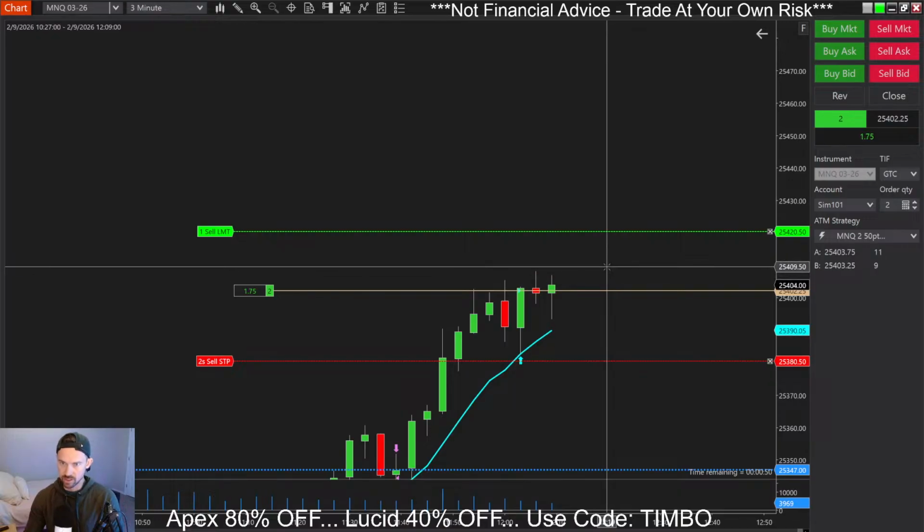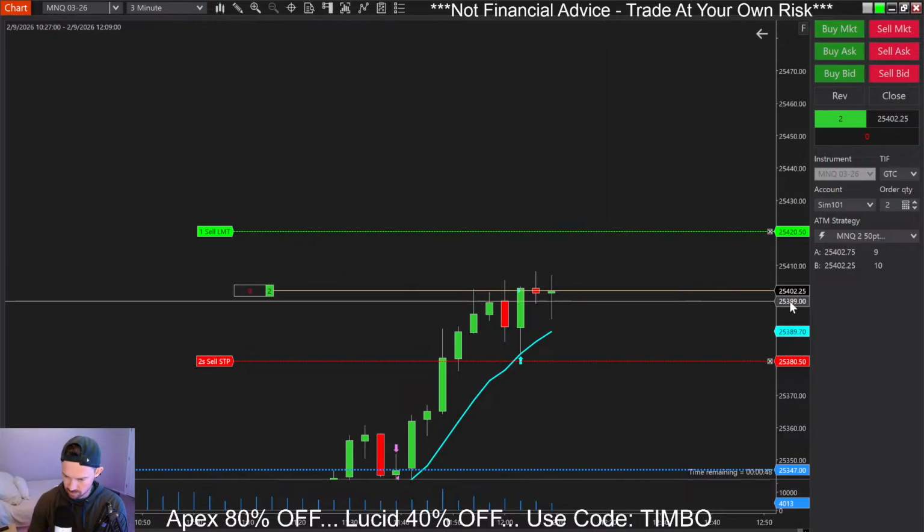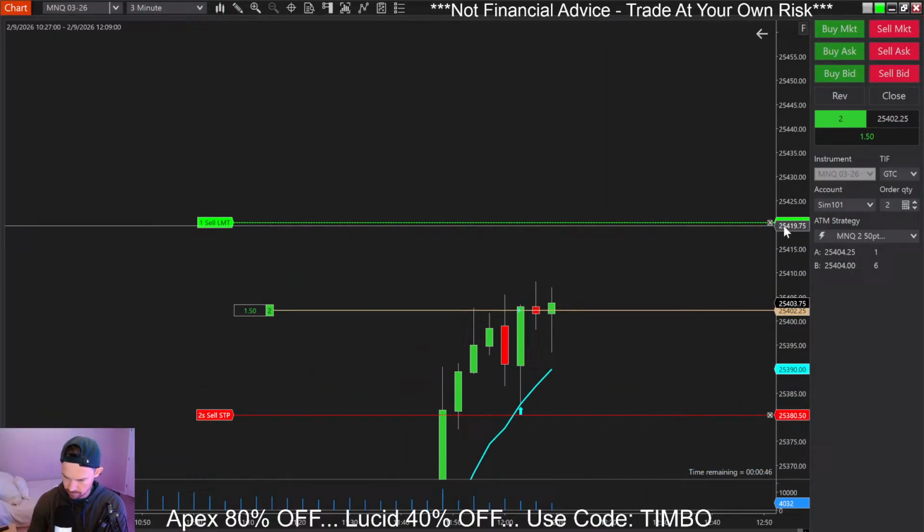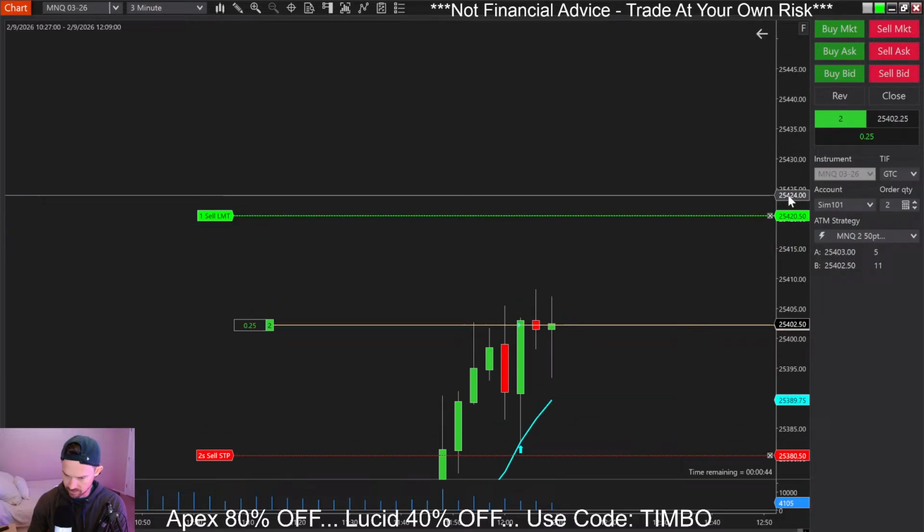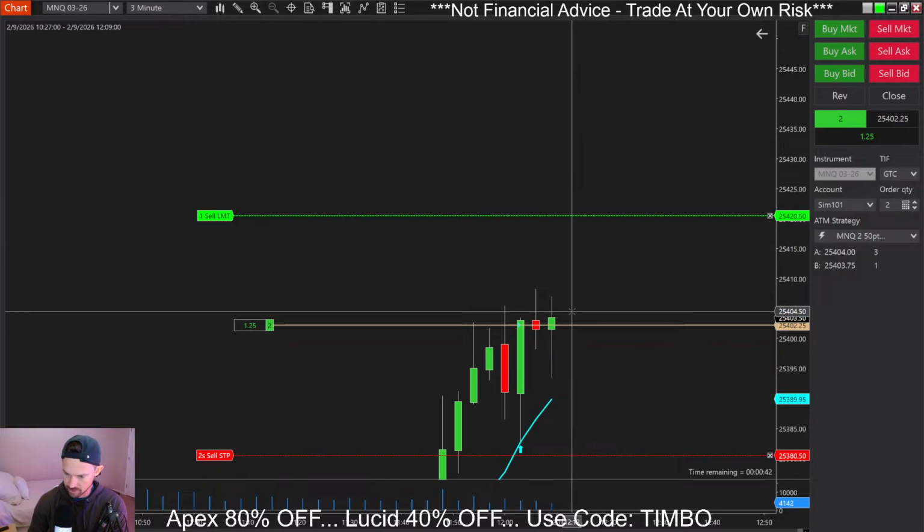Three minutes looking pretty good. If we can close it green body on the 3 minute.